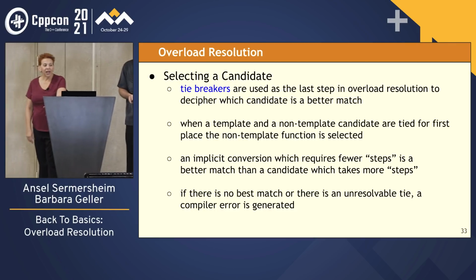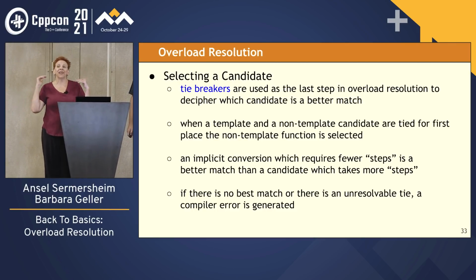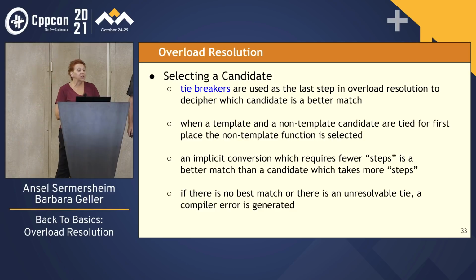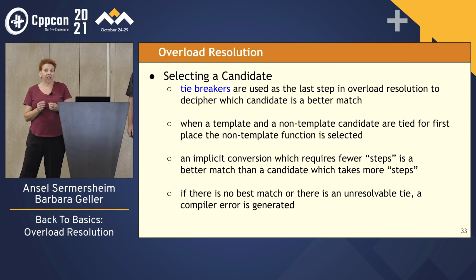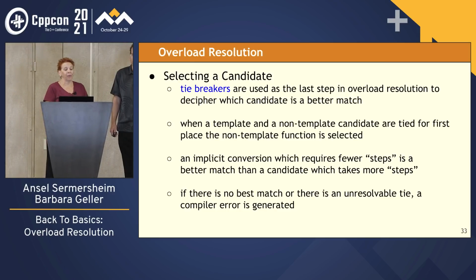So as we mentioned, if we're ending up at a place where we have two that are the exact highest, then we need a tiebreaker. And tiebreakers aren't used all that often, but they do come into play. You need to know about them. When you have a template and a non-template candidate tied for first, the non-template is selected. And that's really important to know.